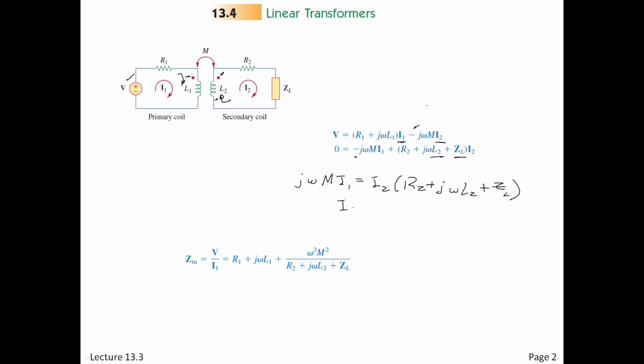Okay, so then I1 is equal to I2 times R2 plus j omega L2 plus ZL, over j omega M.